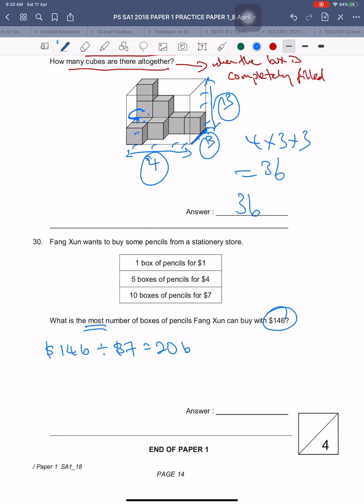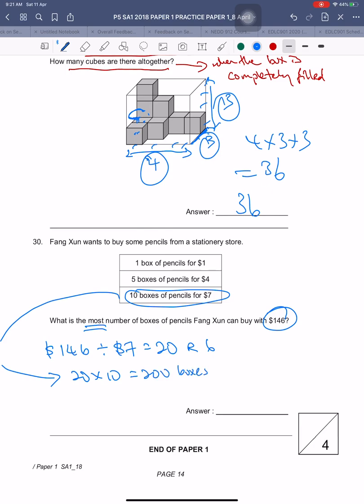20 with a remainder of 6. What does 20 mean? That means he can get 20 times 10, which is 200 boxes of the pencils.